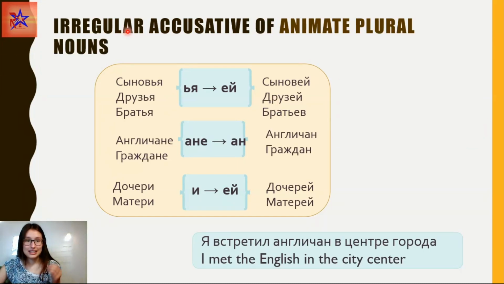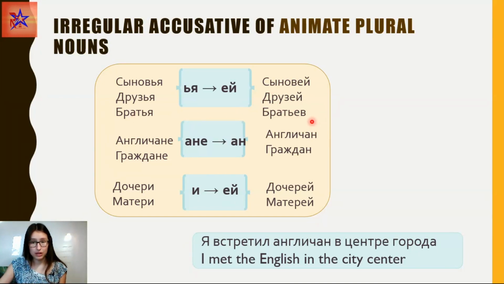And now it is time to see irregular accusative of animate plural nouns. As you remember, we had irregular plural nouns just in the nominative case. So these plurals often have irregular forms as well. So сыновья, друзья, братья. You see all of them end with a soft sign and я, and we add ей. Сыновей, друзей.